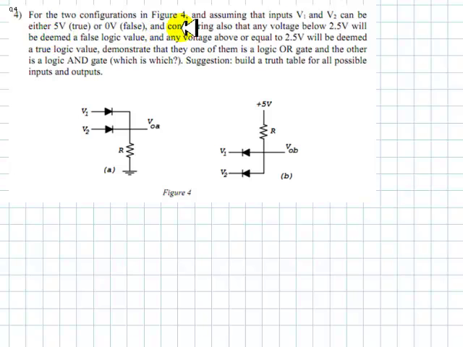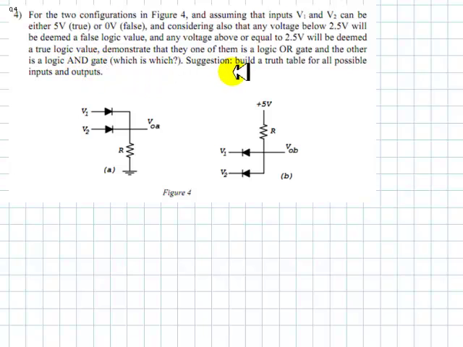Question number 4. For the two configurations in figure 4, and assuming that inputs V1 and V2 can be either 5 volts true or 0 volts false, and considering also that any voltage below 2.5 will be deemed a false logic value, and any voltage above or equal to 2.5 volts will be deemed a true logic value, demonstrate that one of them is a logic OR gate and the other is a logic AND gate.